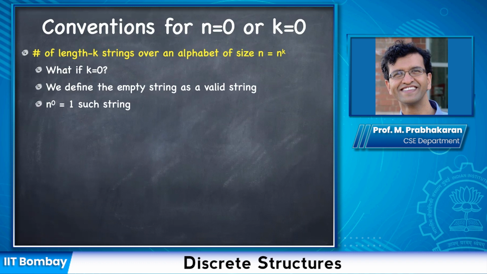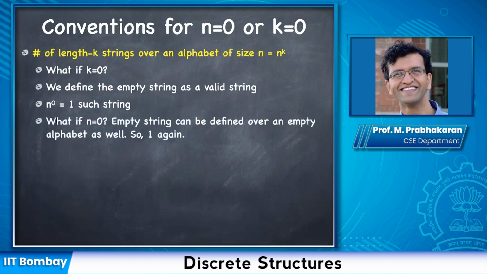What should we do for n equal to 0? Well, we are going to just define this count, so 0 to the power 0 may not make sense, but in terms of counting the number of length 0 strings over an empty alphabet, over an empty alphabet you cannot define any strings of any length, except you can define the empty string if you want to. So we will allow that there is an empty string that is defined over the empty alphabet. So this count here is again 1.